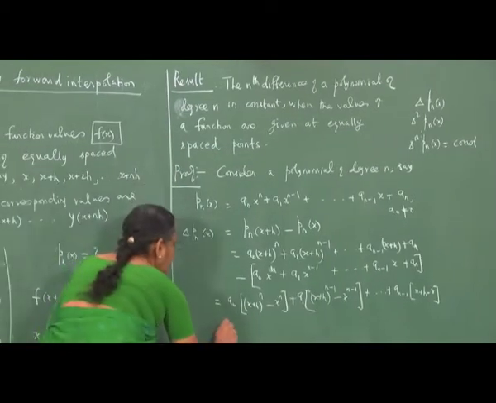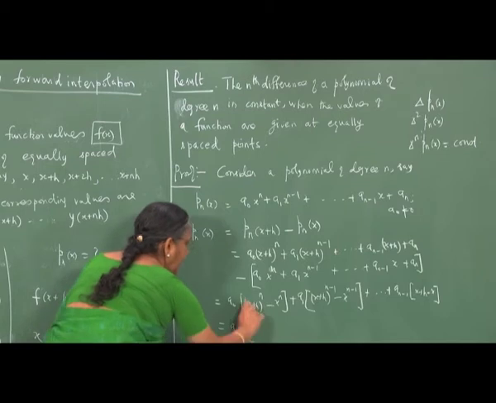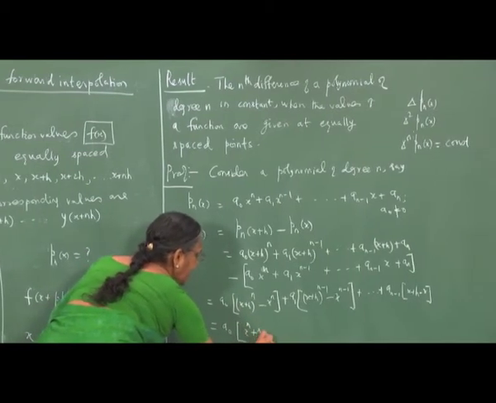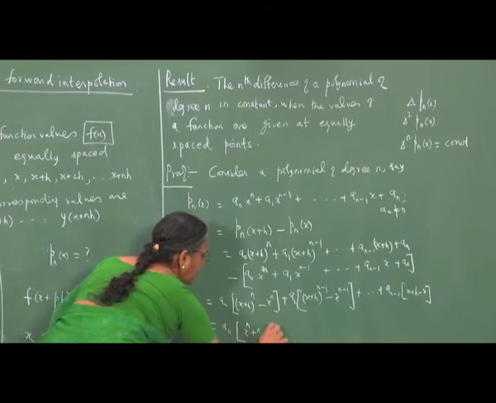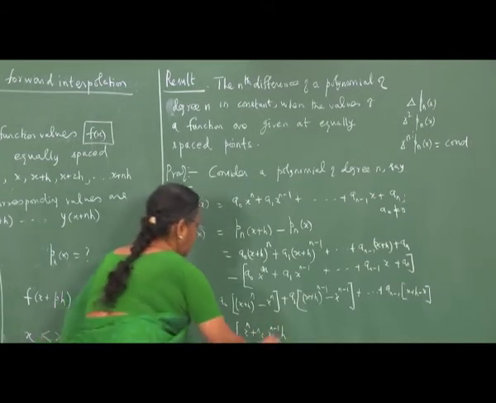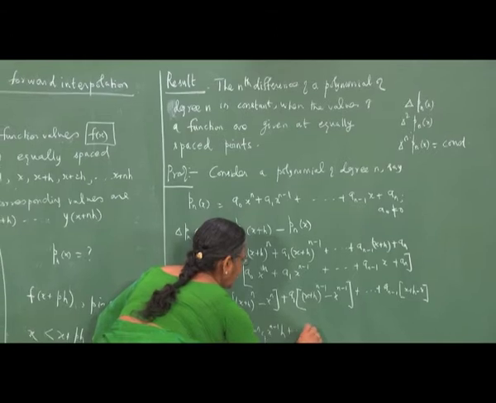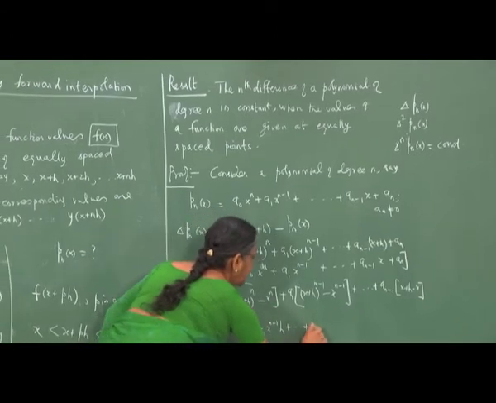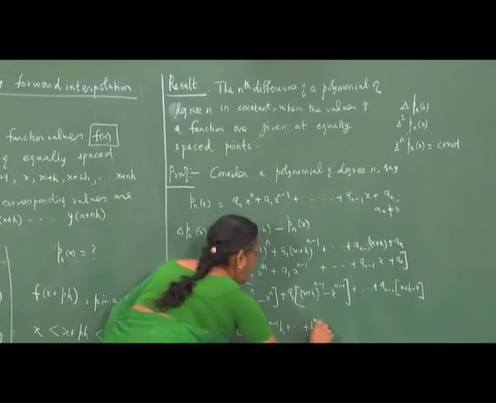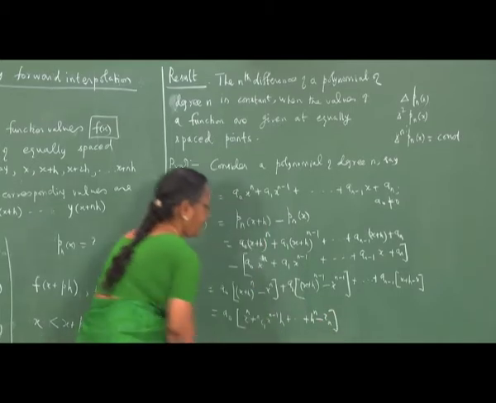So, let us use binomial theorem and expand. This is x power n plus nc1 into x power n minus 1 into h plus etc. The last term will be ncn into h power n, minus x power n.